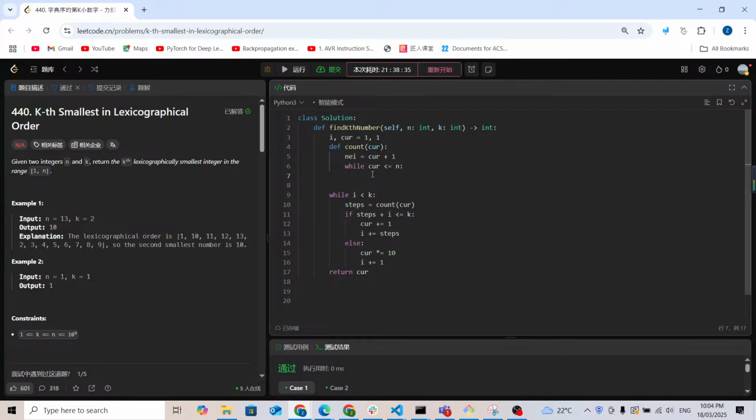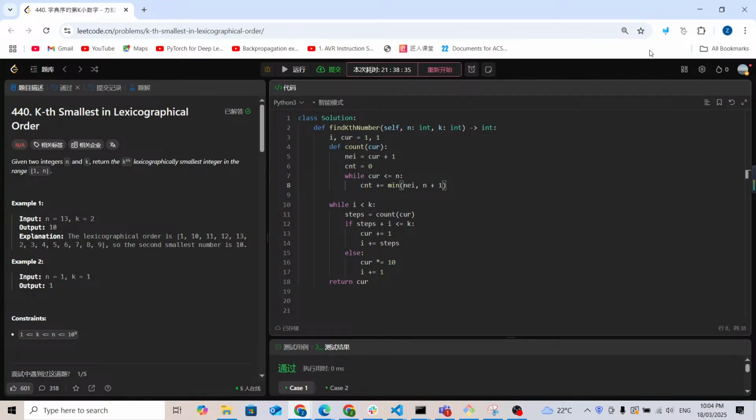And we're going to prepare a counter, starting from 0. We're going to update the counter with the minimum of the neighbor, the next number, and n plus 1.